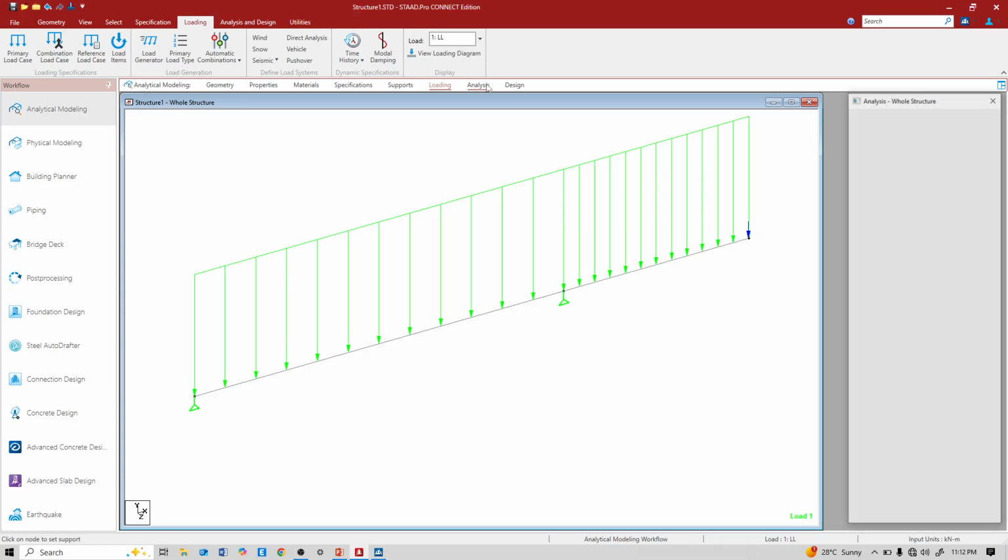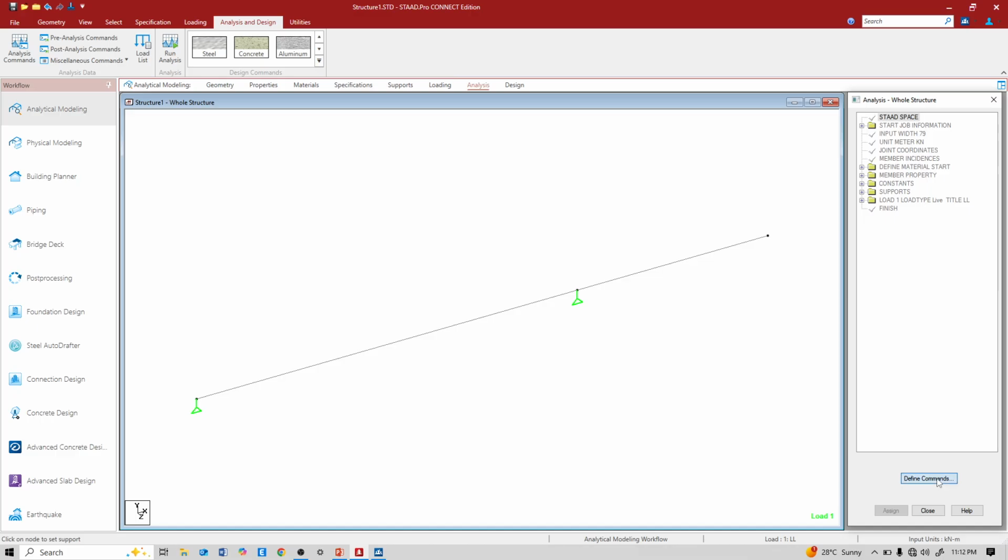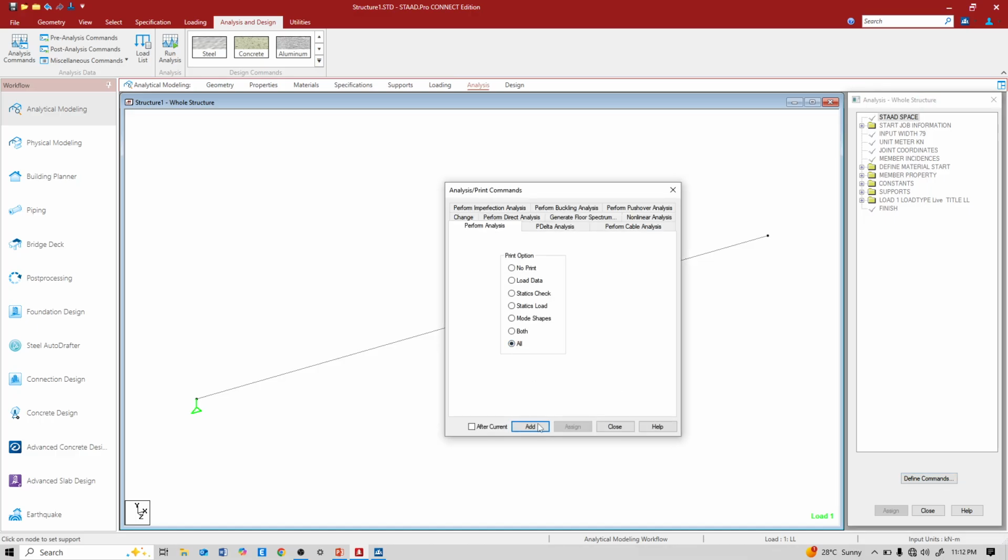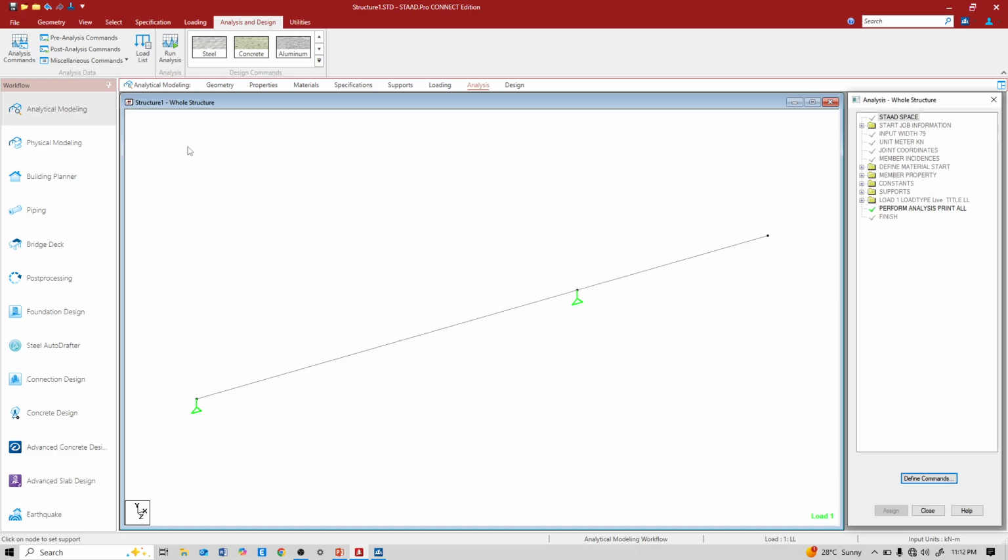So analysis, define command, all, add, close, and run analysis.